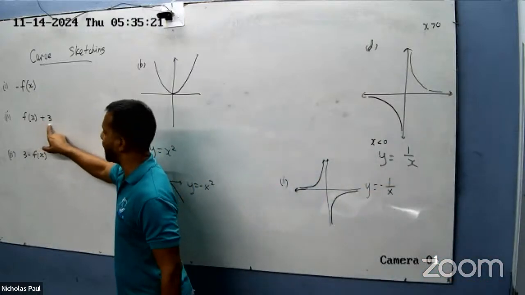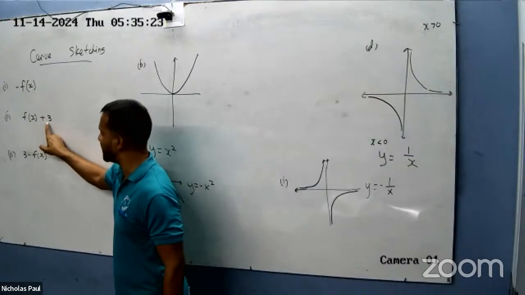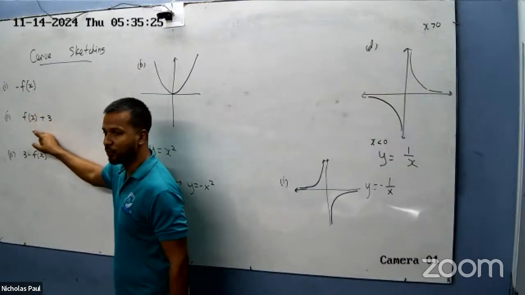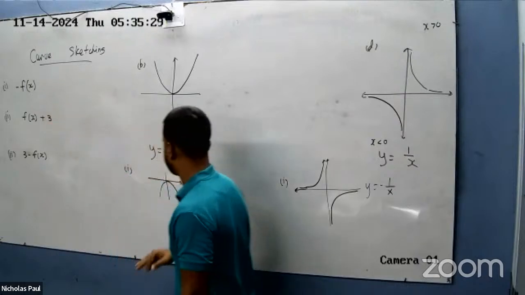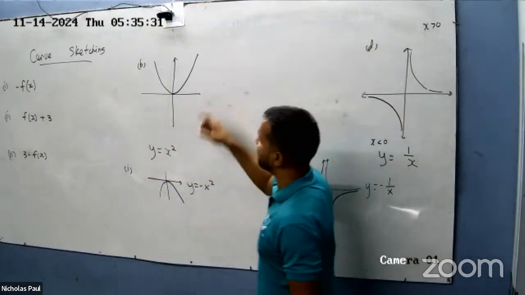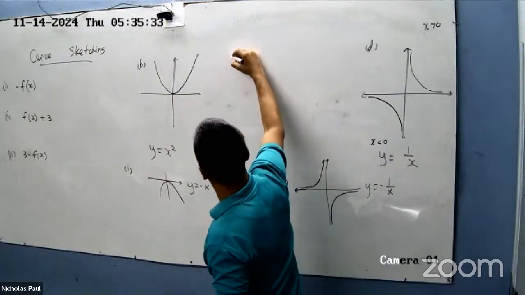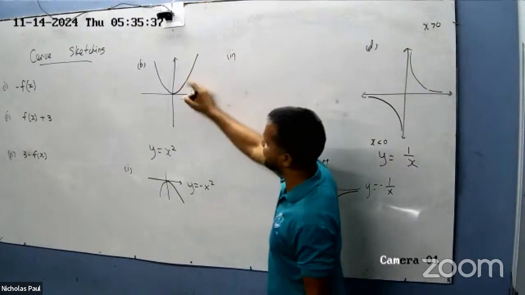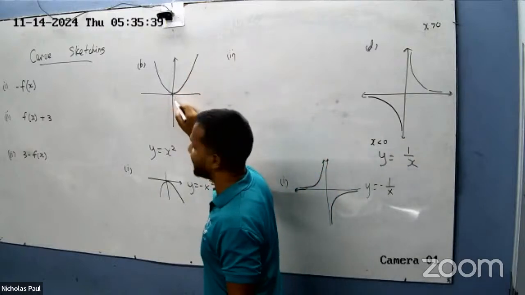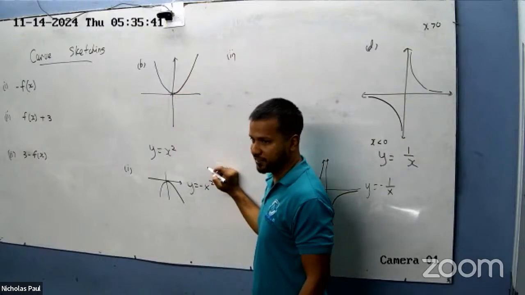f of x plus 3. What does plusing 3 to the entire function do? Shift it upwards 3 units. So I could shift this function upwards 3. Well, what is this point here? 0, 0, right?